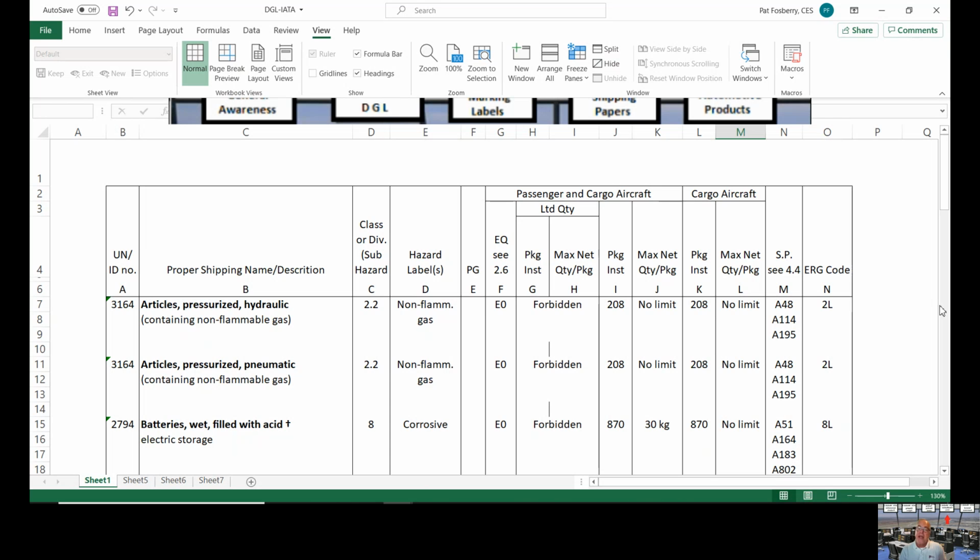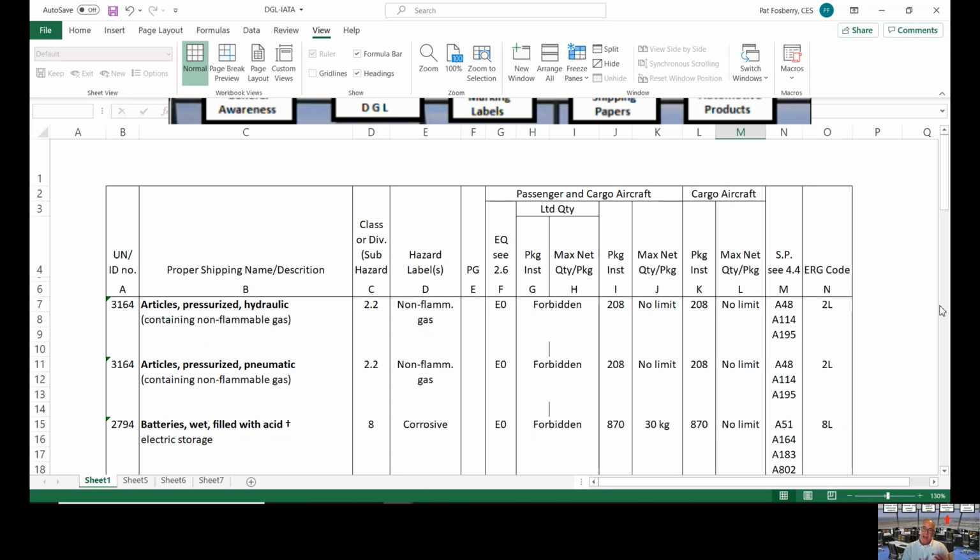Then you've got A195, which is another section. It applies to articles containing small pressure receptacles with a release device, and such articles must comply, and then it goes into detail again.